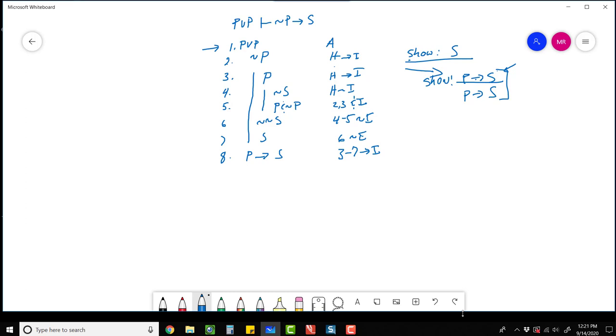So now you actually are in a position to assert what you're trying to show initially, which is just S. And you get to assert this through disjunction elimination. Notice this didn't involve the removal of the third hypothesis. This is just what we were trying to get at. And we've just got it using our disjunction.